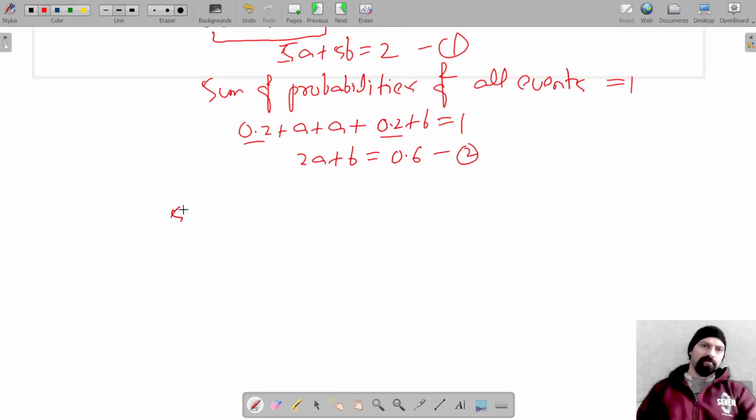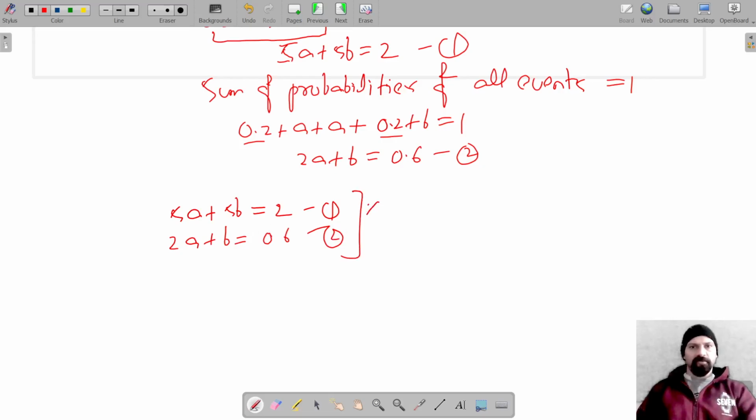So let's try to solve them. 5a plus 5b is equal to 2 is the first equation, and 2a plus b is equal to 0.6 is the second equation. For the first equation, let's multiply this with 2, and the second equation, let's multiply this with 5, which gives me 10a plus 10b is equal to 4, and 10a plus 5b is equal to 3.